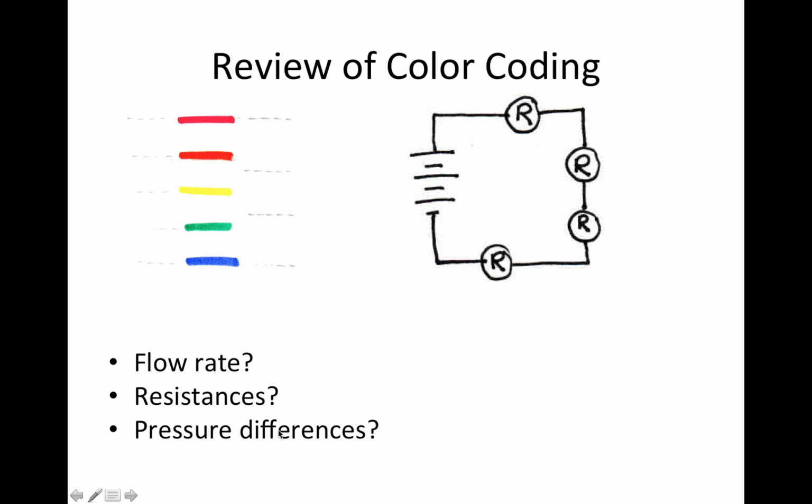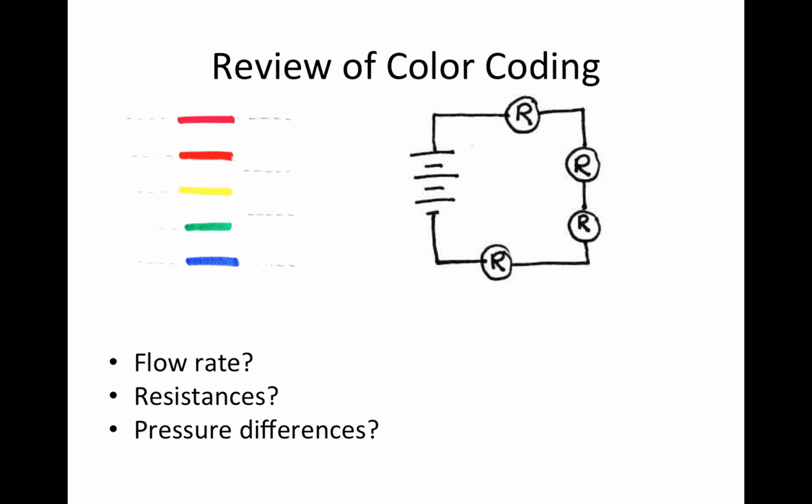And now we're ready to think about pressure differences. The pressure difference is what drives the charge through the light bulb. So it's the pressure differences that are creating the flow rate, and the resistance is a factor in that. We have the same resistance everywhere, but we also have the same flow rate everywhere.